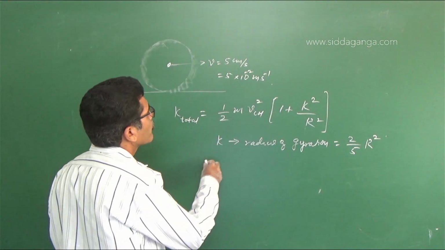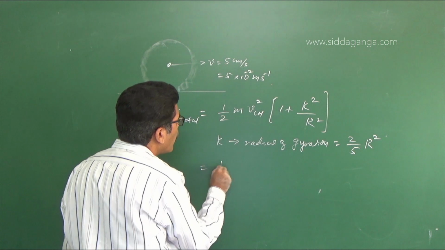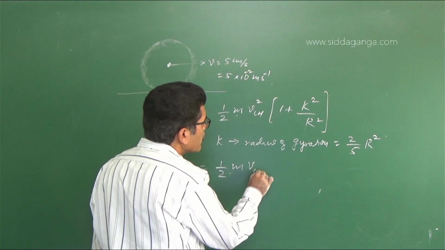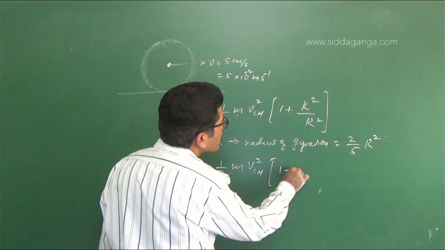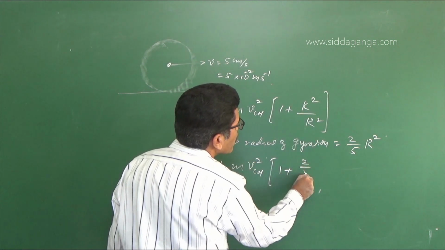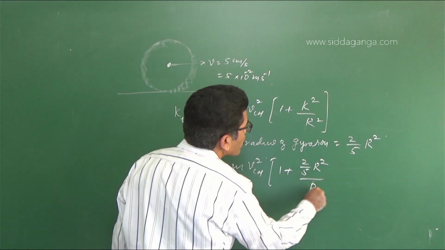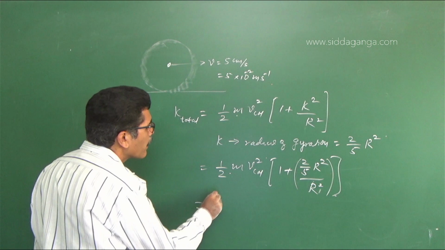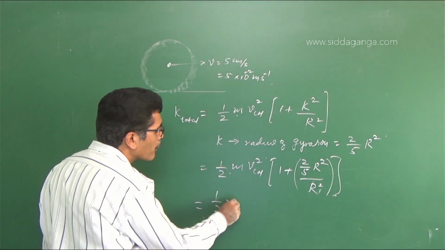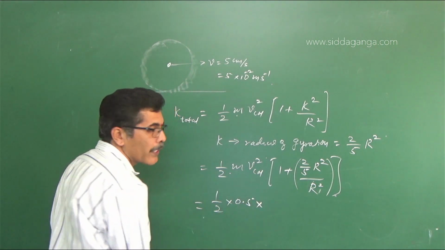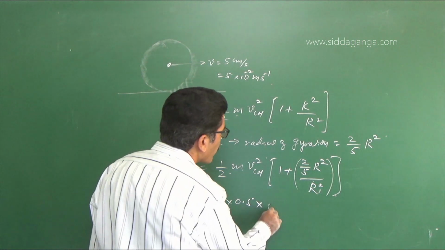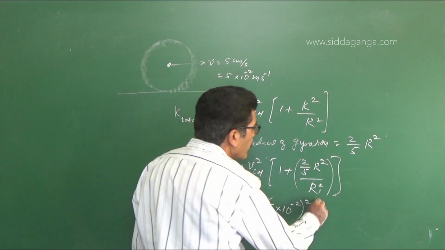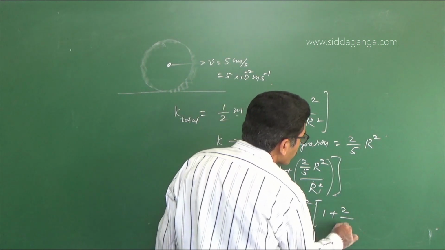Therefore, when you substitute: half m vcm square into 1 plus 2 by 5 r square by r square. R square gets cancelled. Half into 500 gram, which means 0.5 kg, into vcm, which is 5 into 10 raised to minus 2 whole square, into 1 plus 2 by 5.